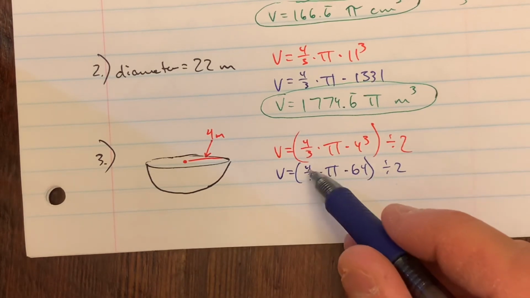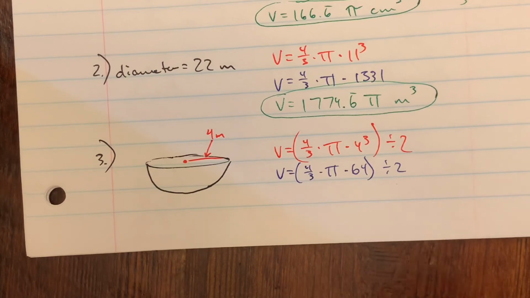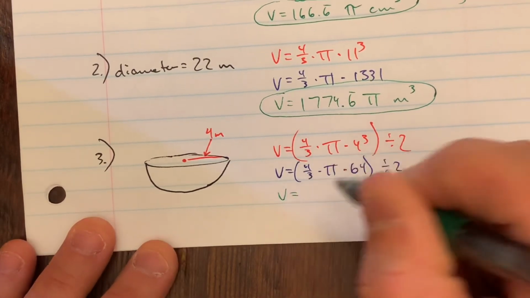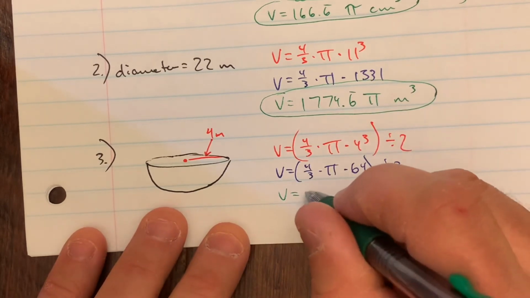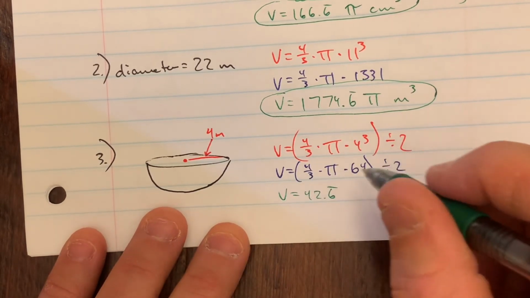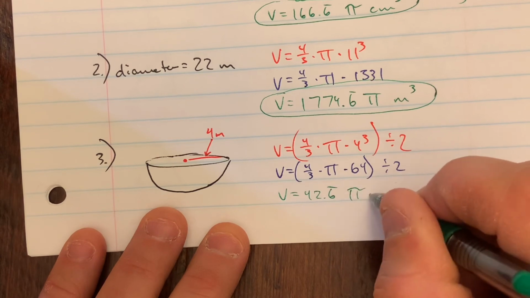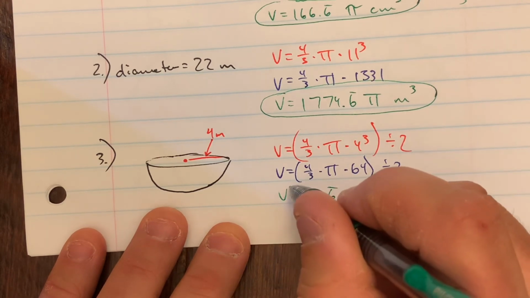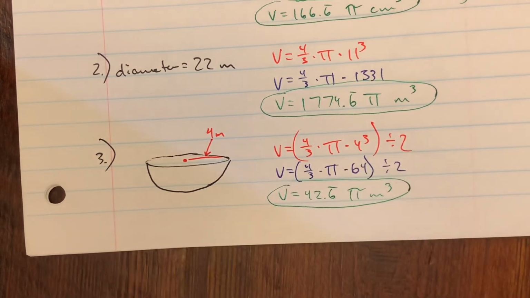So 64 times 4 divided by 3, and then divided by 2 at the end. That's going to give me 42.6 repeating pi meters cubed. All right, that's all I got. Let me know if you have any questions.